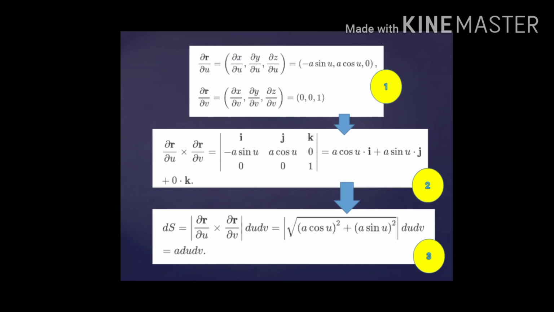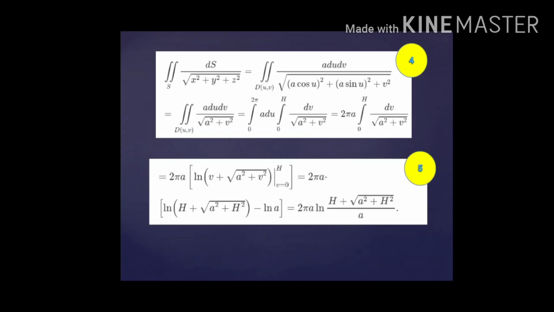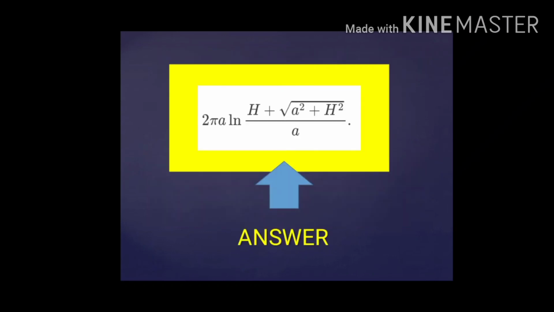Then, the area element of the given surface is shown in picture number 3. From there, we can calculate our surface integral shown in picture number 4 and picture number 5, giving us our surface integral for this example, which is 2 pi a ln of the quantity h plus the square root of a squared plus h squared, over a.